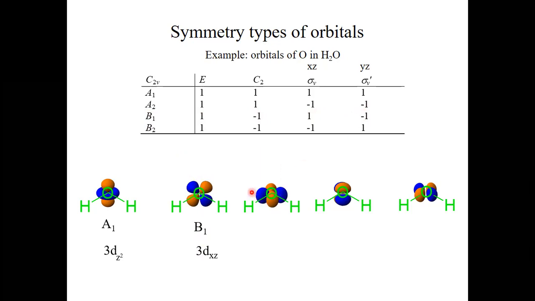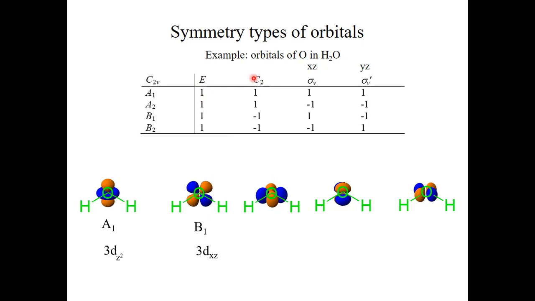Okay, then we have here the x square minus y square orbital. Now what about this one? When we apply the identity, well, certainly nothing will change.